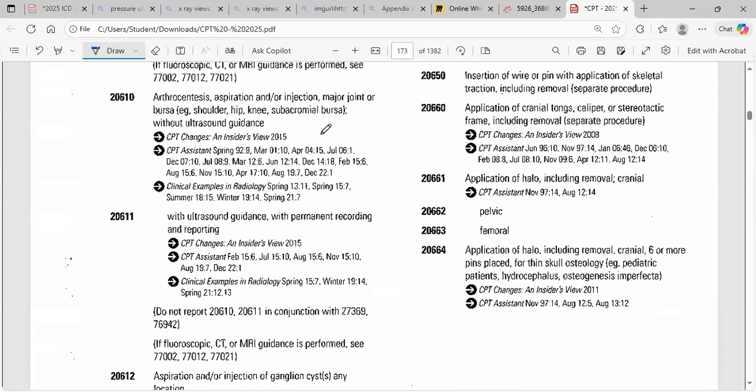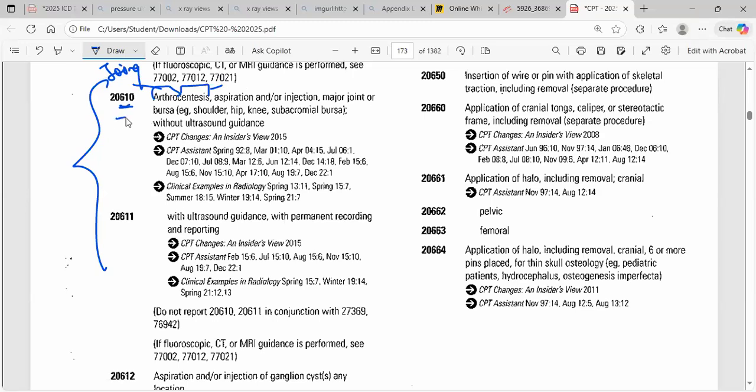You can see here, these are the codes for the arthrocentesis. Arthrocentesis means injecting or removing something from the joints. Arthro means joint, and centesis means doing something with the syringe, puncture.